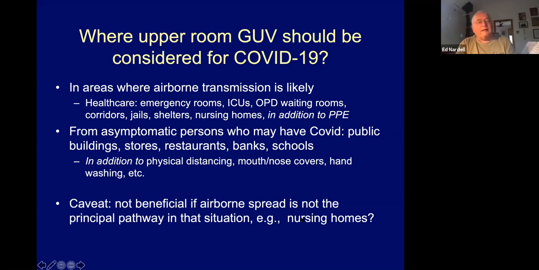For example, I did a lot of nursing home visits for the health department early in the epidemic because we had so much COVID in nursing homes. And in that setting, where people are being bathed and fed and taken to the toilet, and since this virus transmits by contact as well as by air, I am not so sure that just disinfecting the air would solve the problem in a nursing home.